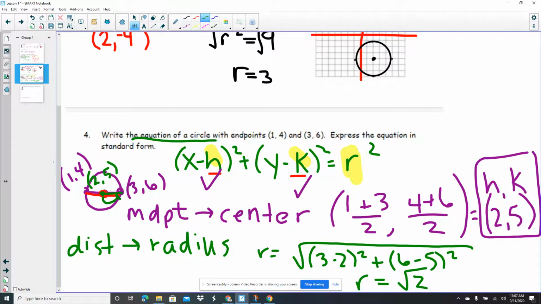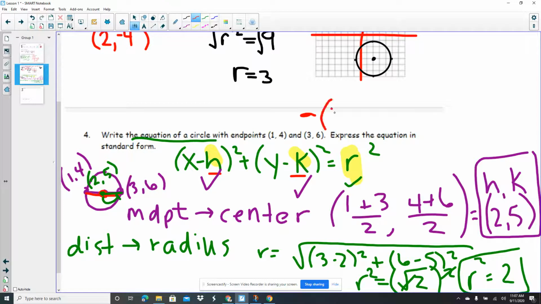So if the radius is the square root of 2, what's the radius squared? Well, if we square this side, we have to square this side, and those are inverse operations, so our radius squared is 2. So we have all of the information now, we just plug it in, and we're done. So let's plug it in. I'm going to write it right up here.